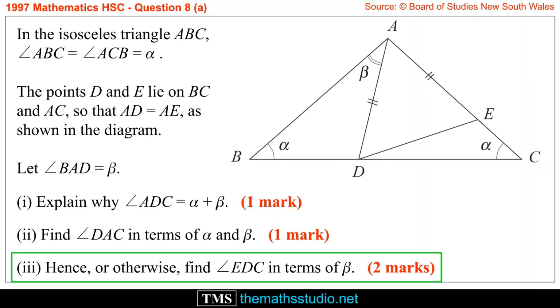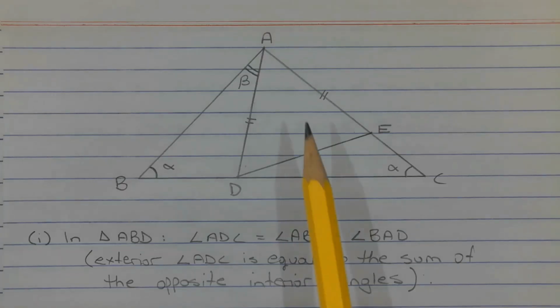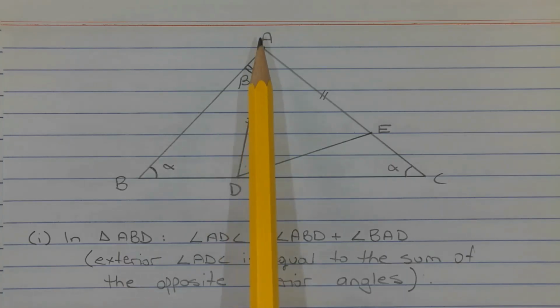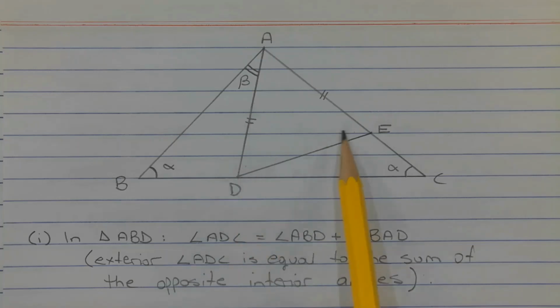Part 3. Hence or otherwise, find angle EDC in terms of beta. In triangle ADE, AD is equal to AE, and that's given in the question. This makes triangle ADE isosceles. This means the base angles are equal.